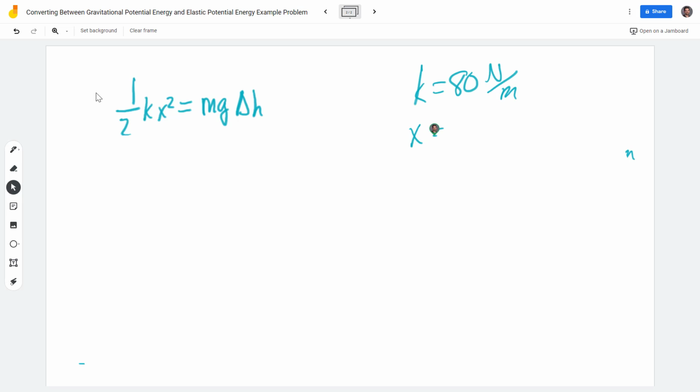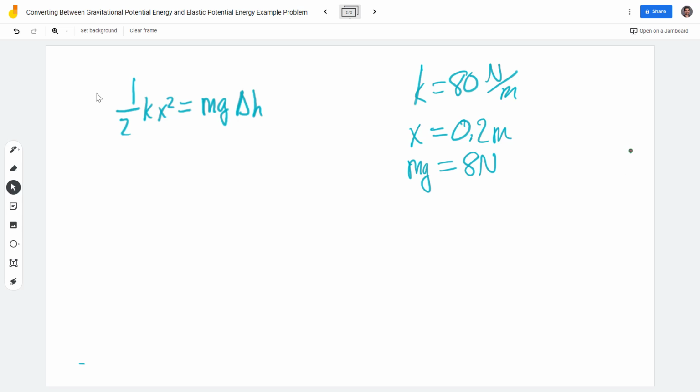Our x, let's go back and look. Our x is now 0.2 because we compressed it down a little farther. Our mg, I'm going to say mg total, is 8 newtons. That's how heavy the ball is, right?